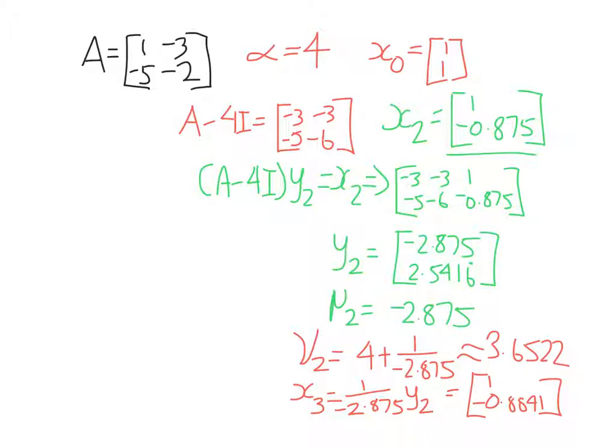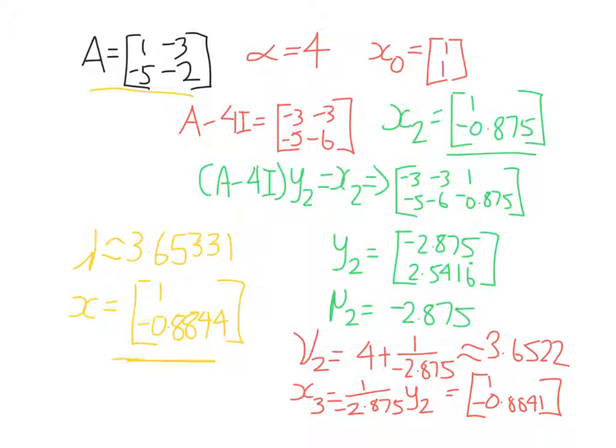Turns out for matrix A, the eigenvalue that's closest to 4 is about 3.65331, to 5 decimal places, and the associated eigenvector is 1, minus 0.8844. Remember, of course, any scalar multiple of this will be an eigenvector.